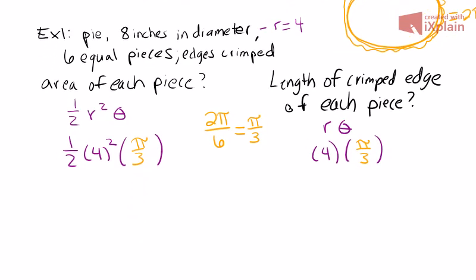Simplify. Let's see, I've got 1 times 4 squared times pi on the top, so 16 pi at the top. And in my denominator, I've got 2 times 3, so 6 at the bottom, which equals 8 pi over 3.